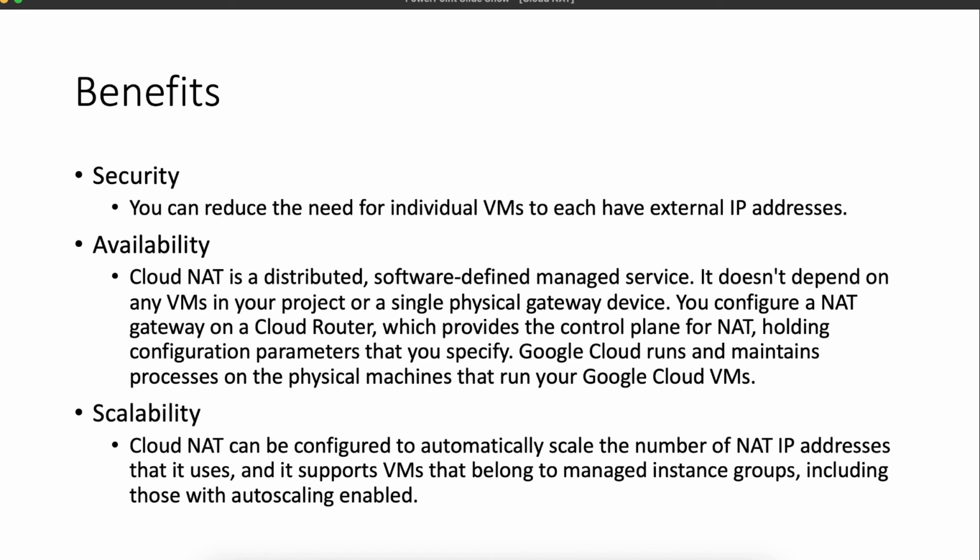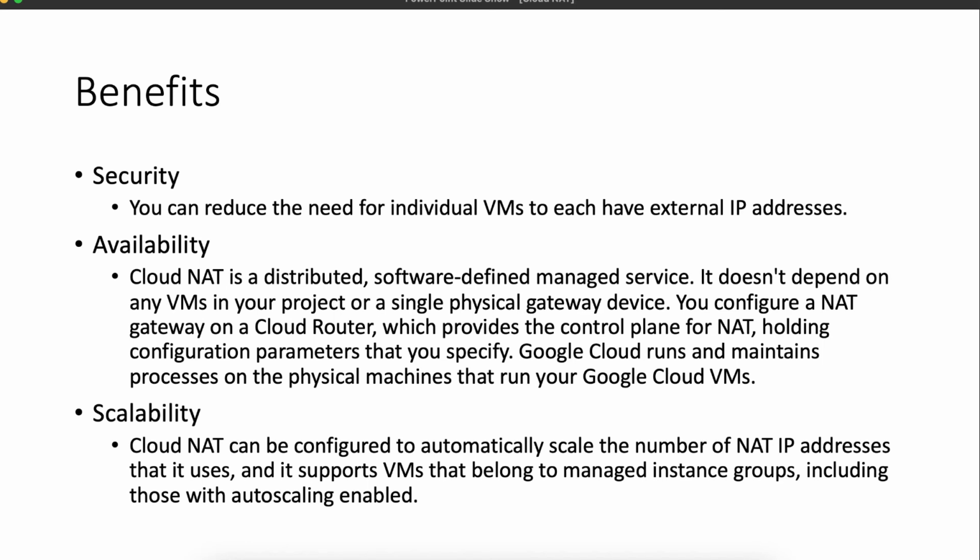And of course scalability, right? If you have hundreds of thousands of virtual machines, and they're all trying to update themselves at the same time, and you are using your own virtual machine, that virtual machine which is acting as a NAT may not be able to keep up with all the traffic, right? It will either crash, or it will just delay the updates and all that kind of stuff, right? If you are using Cloud NAT, out of the box, Cloud NAT will scale for you.